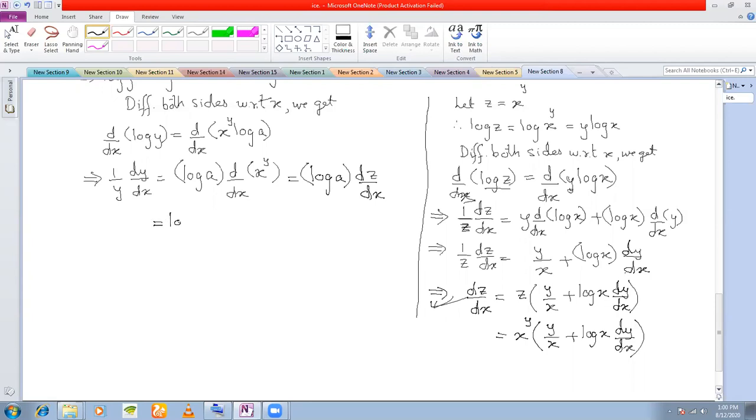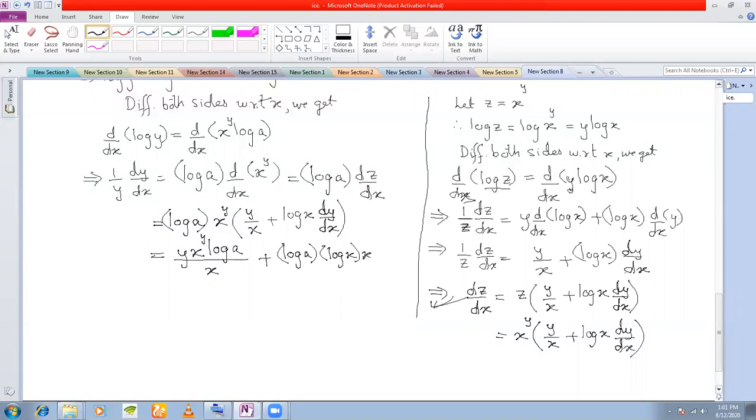Put the value, you get log A times dz/dx, which is x to the power of y into y by x plus log x dy/dx, which is equal to y into x to the power of y log A divided by x plus log A into log x into x to the power of y dy/dx.